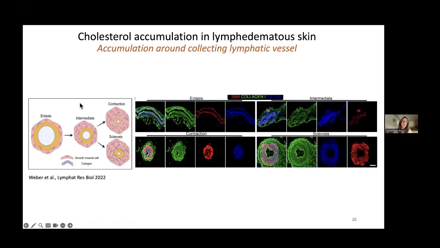It's known that during the disease, the collecting vessels also remodel. For example, the lumen is more narrow, and there is an accumulation and proliferation of smooth muscle cells as well as collagen. And in all these different phenotypes of collecting vessels, we could also observe some accumulation of cholesterol around the vessels.